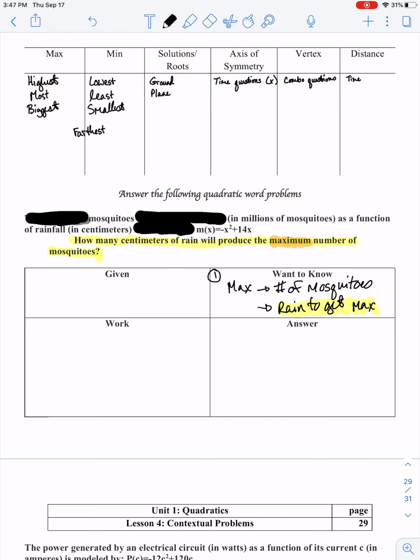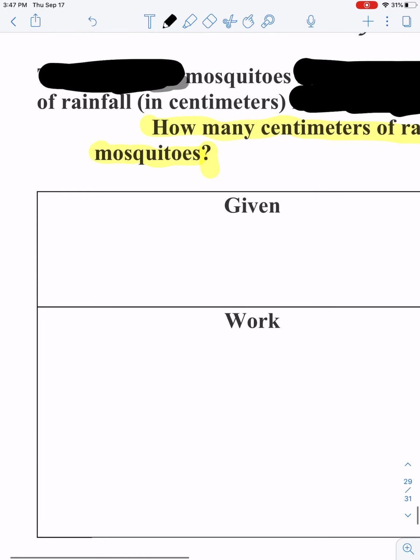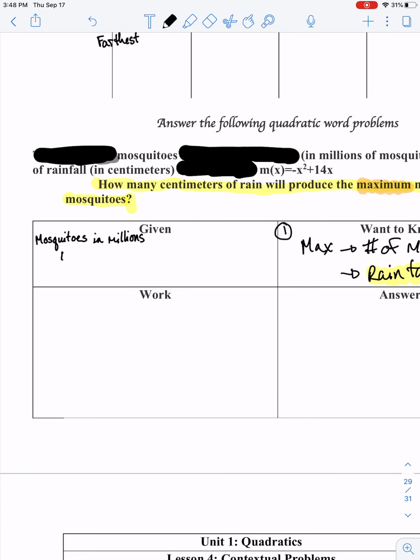okay? So I'm going to be given mosquitoes in millions. Now what this means, if I see 1, that really means 1 million, okay?